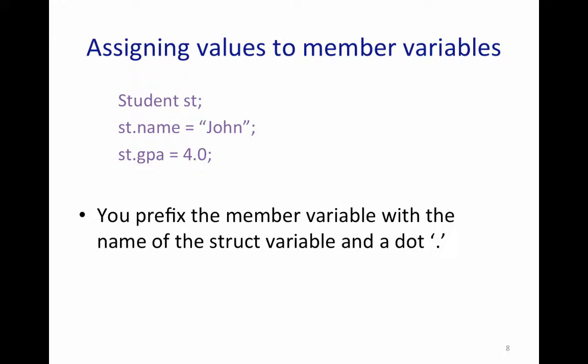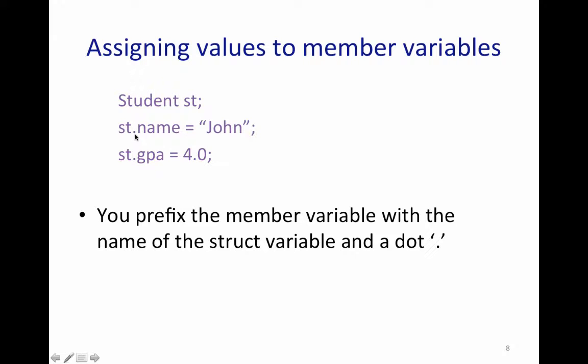And if we want to assign values to member variables, we need to give, obviously, the name of the student. Well, I'm sorry, the name of the student variable. But then we have to indicate which field we wish to assign the value to. So we do that by giving the name of the member variable.